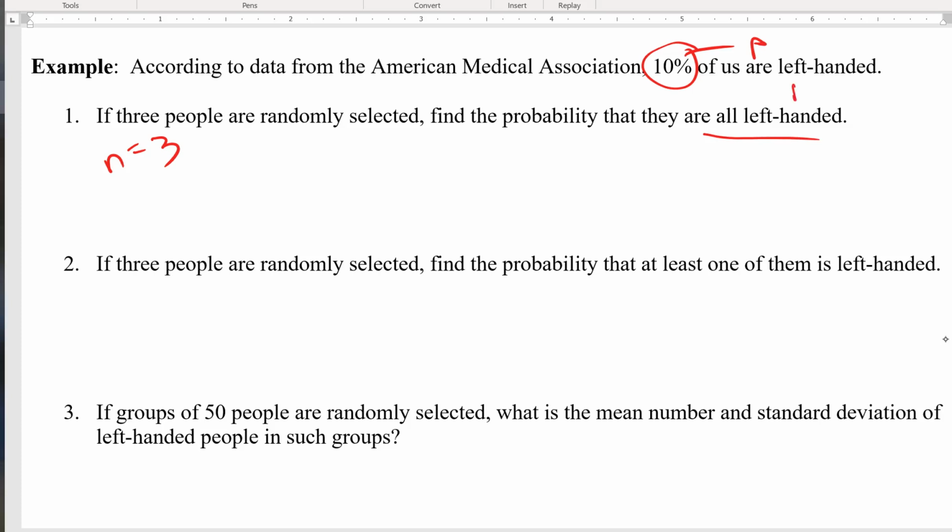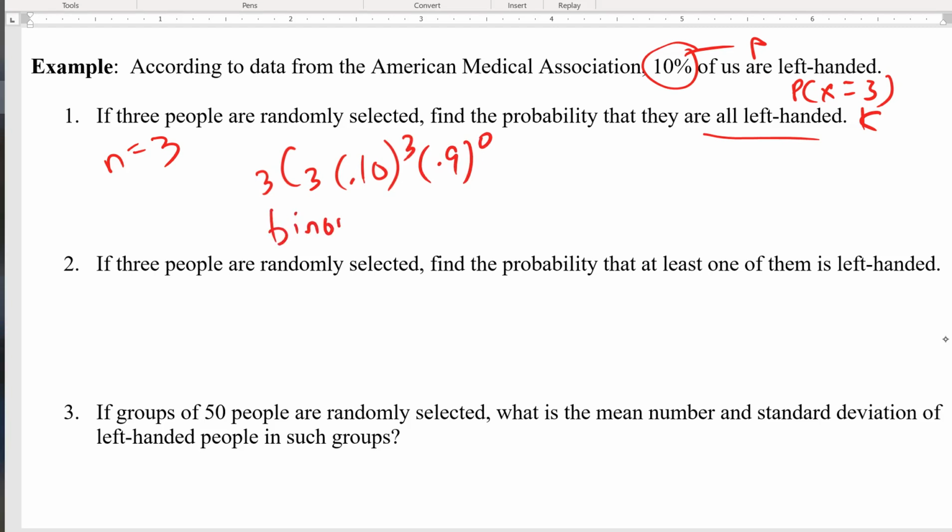So that means probability that x is equal to 3. We have 3 left-handed people, right? I can use the formula. 3 choose 3, 0.10 to the third, 0.9 to the 0, or I can use binomial PDF N P K.